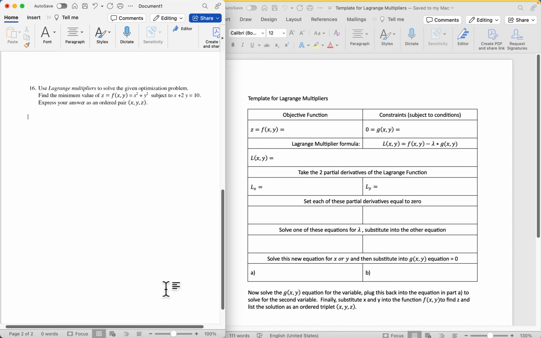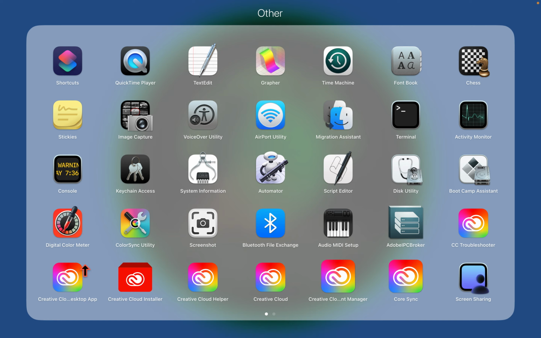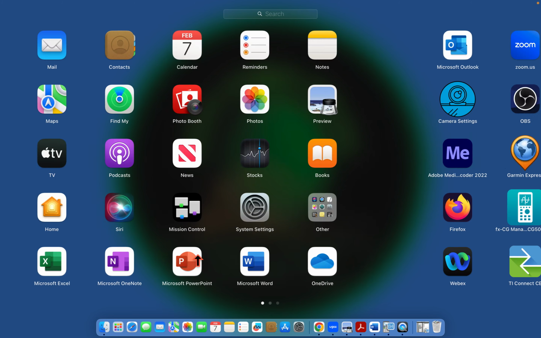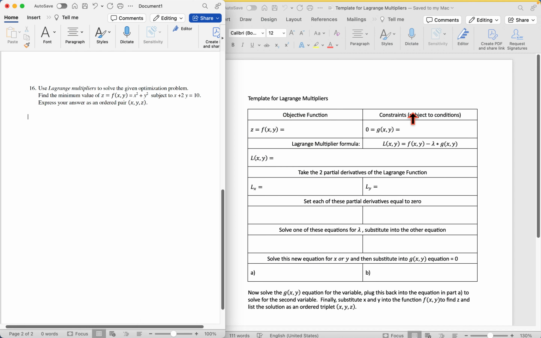You can kind of still see that, right? Okay, I think on this one it's small enough I can use my other tool. Where is it? My Epic pen.